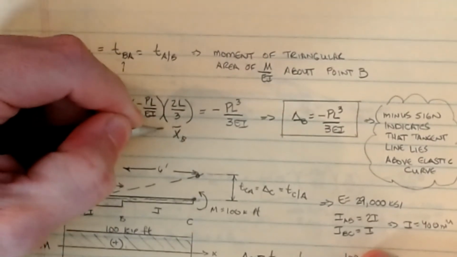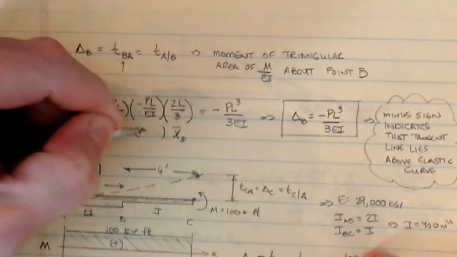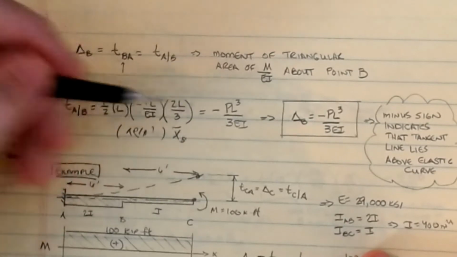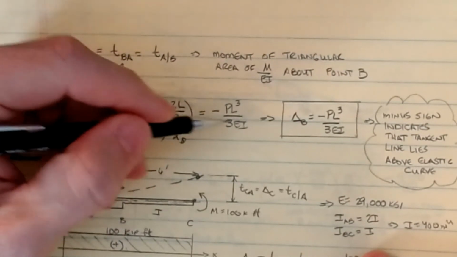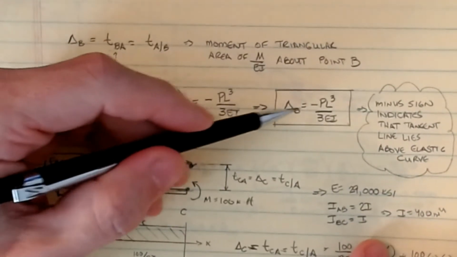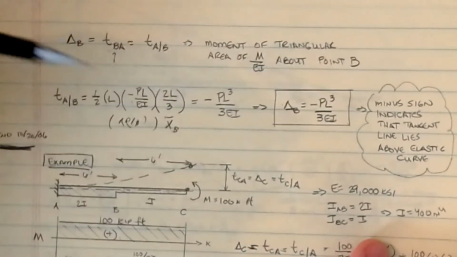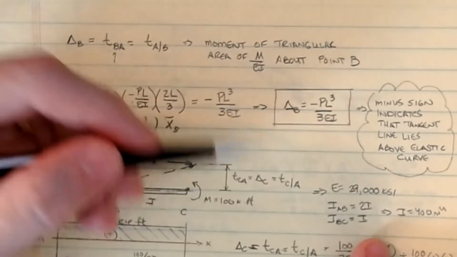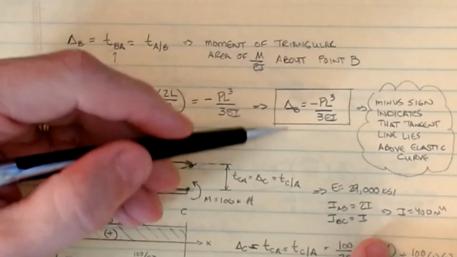If you do the math on this, it becomes minus PL cubed over 3EI, which is indeed the displacement for the tip of a cantilever. So delta B is minus PL cubed over 3EI. The minus sign tells you that your sign convention is downward, because we assumed upward positive, so down is negative.